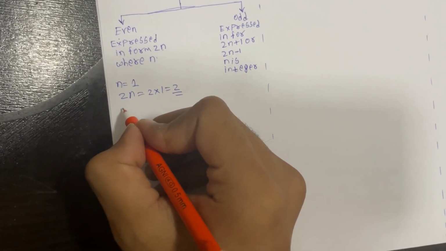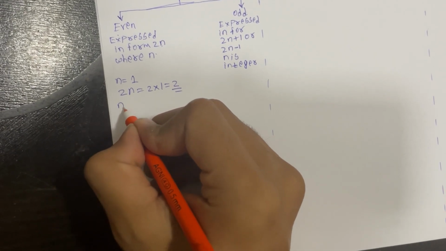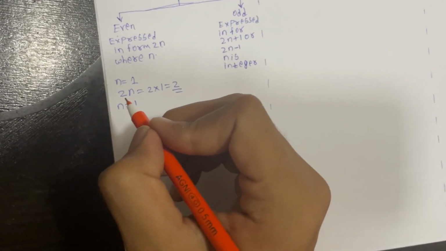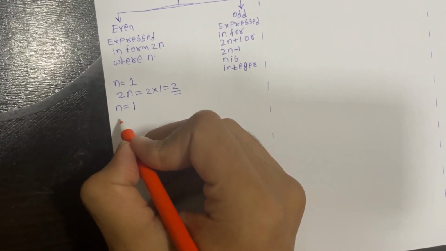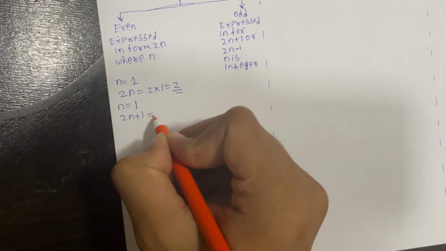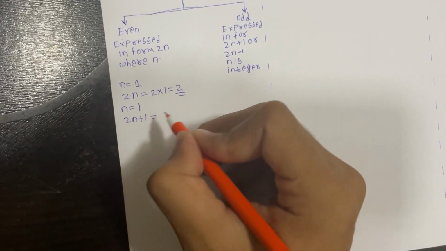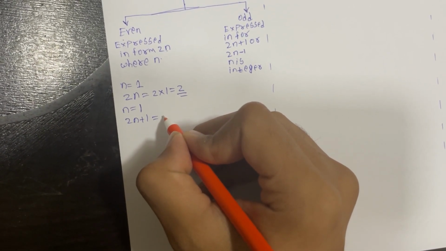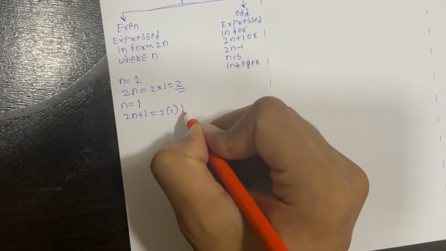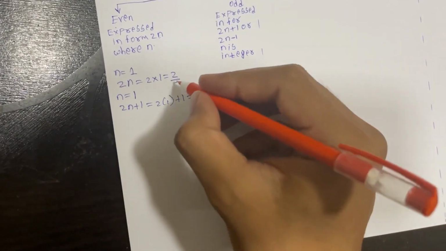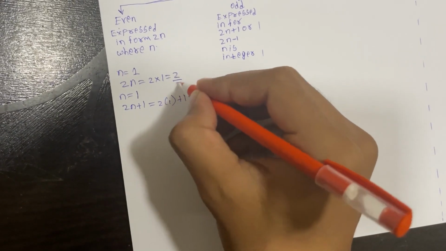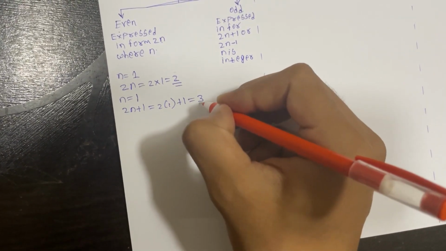And then odd integer, if we take again n is 1, and if we put that n over here, let's take 2n plus 1. So 2 into 1 plus 1, that is 3. Okay, so we know 2 is even and 3 is odd.